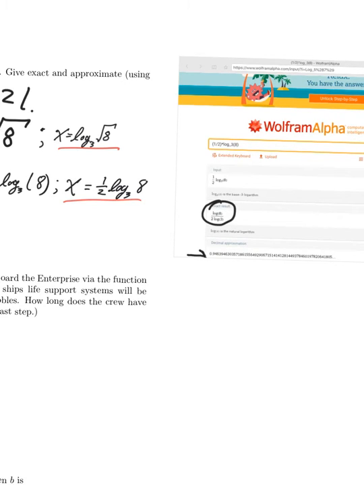Yeah, we get the same decimal approximation, somewhere around 0.95. And remember that those two are the same. That's hinting at something that we will do later on.